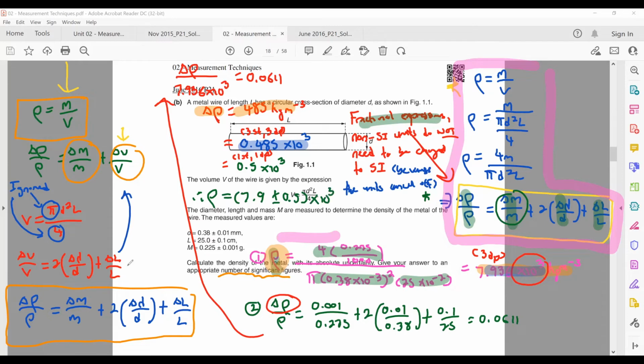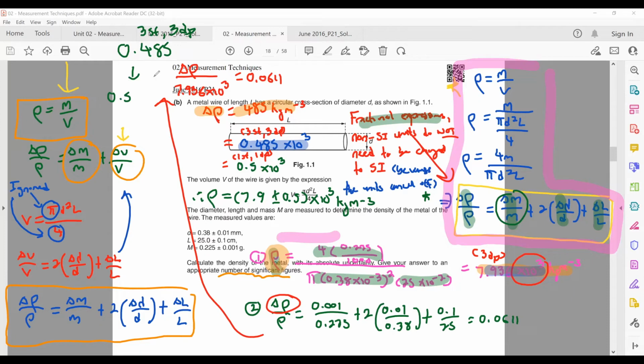times 10 power 3. Wait, so I have a question. Yep. How did it become 0.5 times 10 power 3? You just make it one dp, is it? Yeah, because 0.485 is 3SF, isn't it? Yeah. But 3SF is 3dp, right? Correct. If I want to make it 1SF only, it should be 0.5, right?